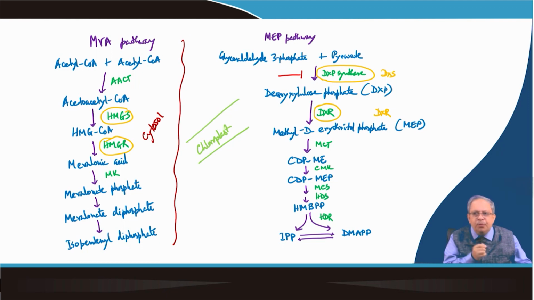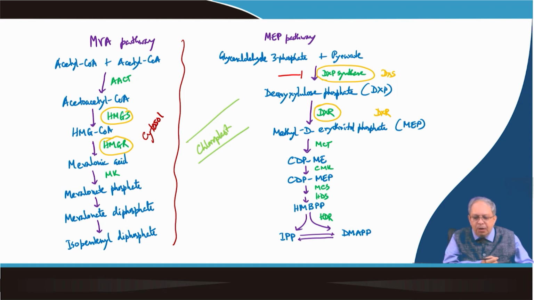Therefore, a scientist called Charlwood, B.V. Charlwood from King's College London, was of the opinion that there must be another alternative pathway existing in the plant system which we are not aware of.